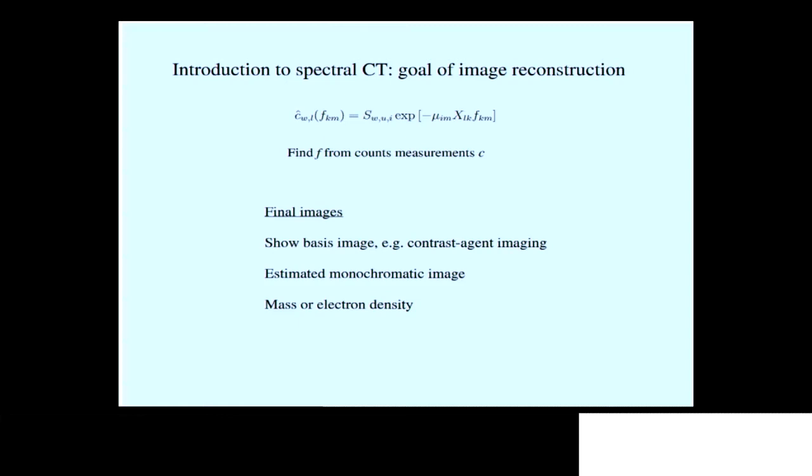Sometimes they are. If we're interested in contrast agent imaging, for example, we would want to show the distribution of iodine contrast, all right? But sometimes we want to do other things. You can combine those material maps to form an estimated monochromatic image, or you can make an image of mass density or electron density, which is of use in radiation therapy.